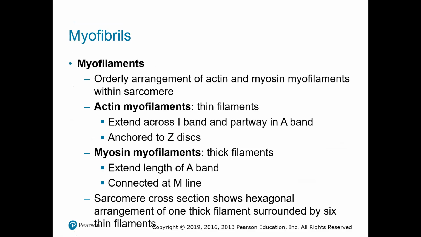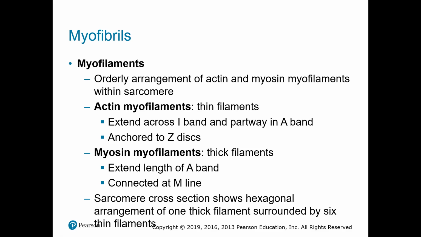It's a very thin, double helix structured protein. And the actin shows up on either side of the A band. The actin forms the I band and part of the A band. The actin is attached to what we call the Z line. Some of them call it Z disc, but the proper term is the Z line.